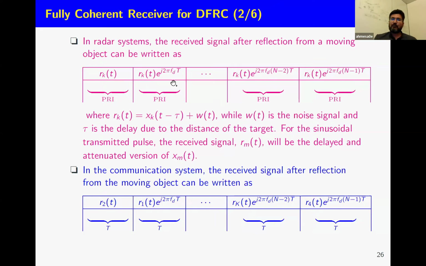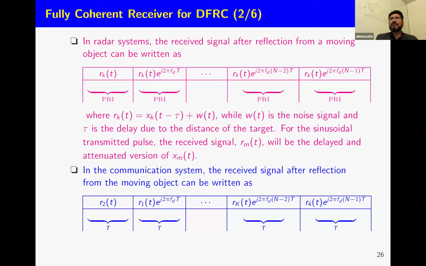So if I have to find the Doppler frequency FD, I just apply an FFT, and after applying the FFT I can find FD. Once I have FD, I can easily find the velocity of the target or the vehicle.